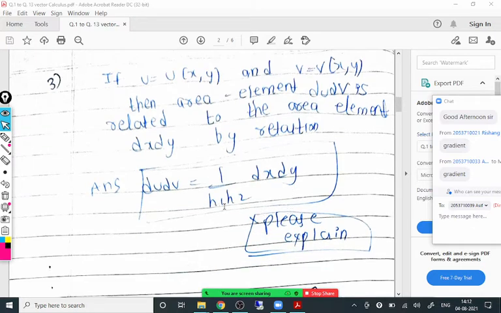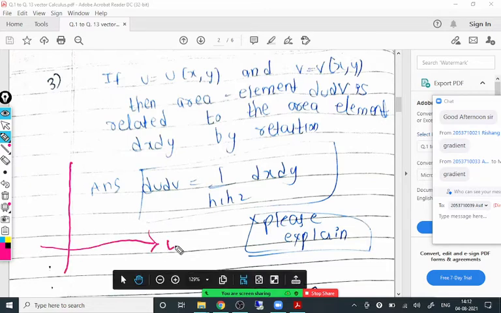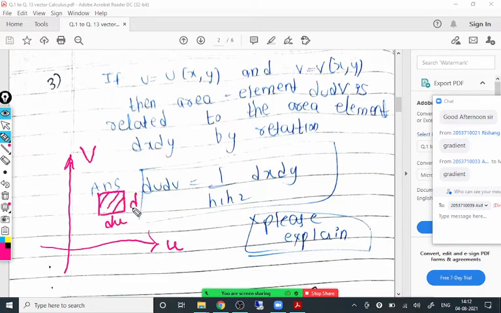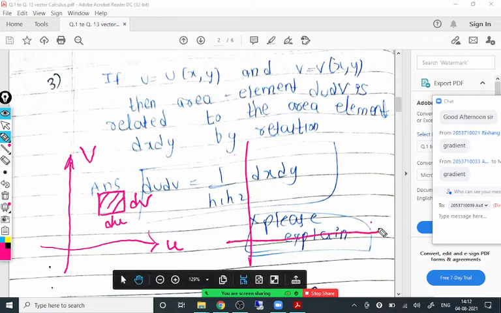What is written, H1 H2? Yes, Sahitya, why is it H1 H2? We learned this last semester. Suppose we have a small area in the UV plane, say du dv, and there is another plane, the xy plane.